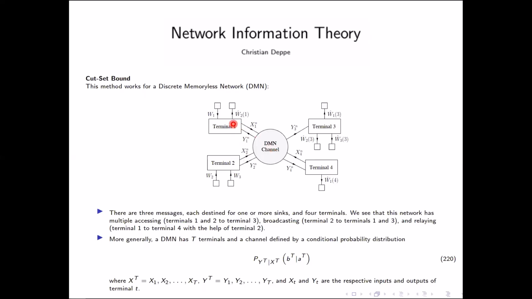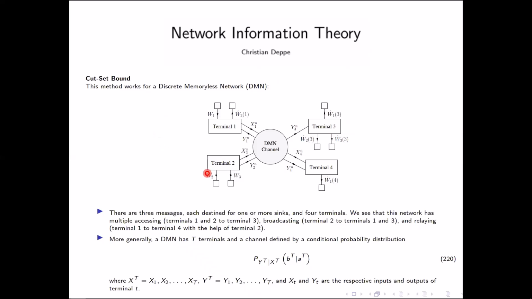So what you can do is terminal 1 can send a message x1 to the n and receive a message y1 to the n. Terminal 2 can send a message x2 to the n and can receive a message y2 to the n. And that's generally true for all terminals. Here, sending is possible for terminal 3, but it's not necessary because it doesn't receive any message from a source.